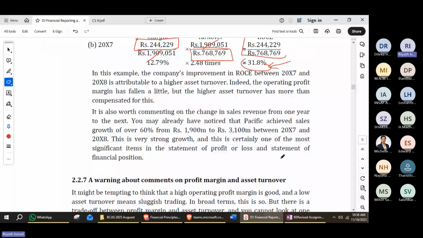In this example, the company's improvement in return on capital employed between 2017 and 2018 is attributable to higher asset turnover.